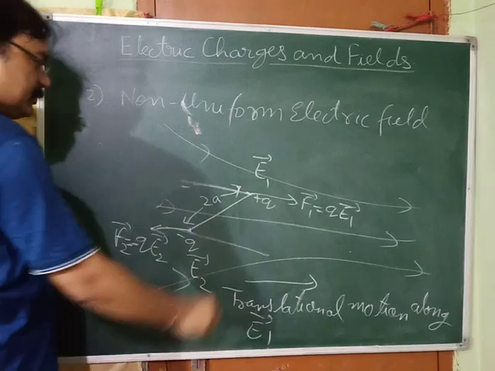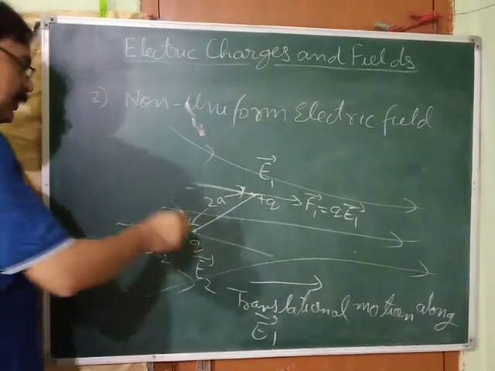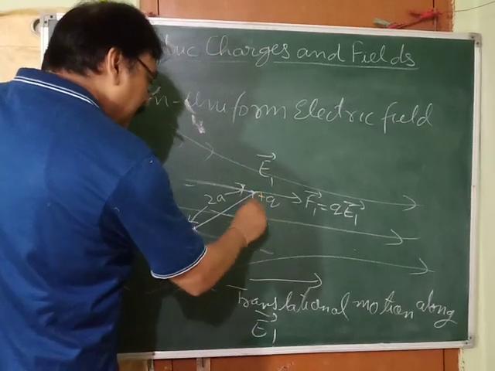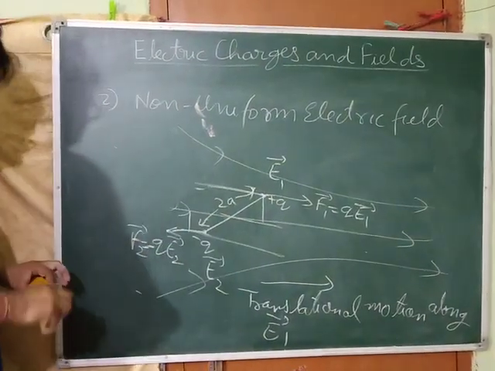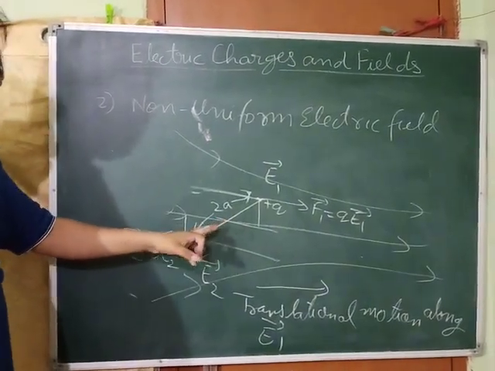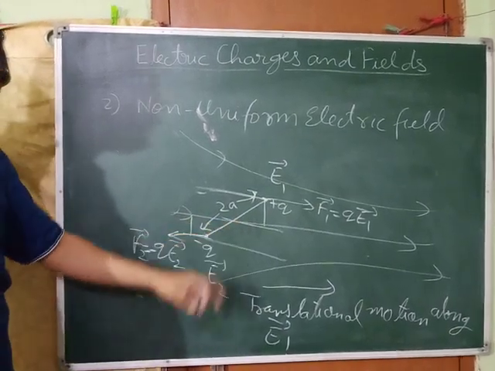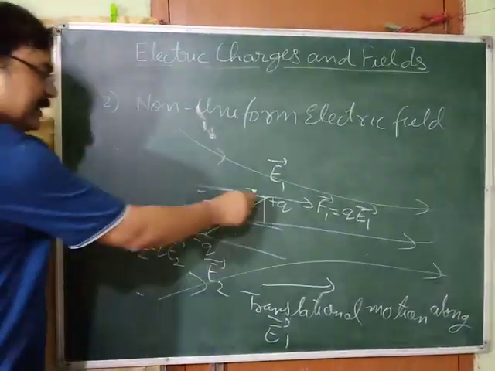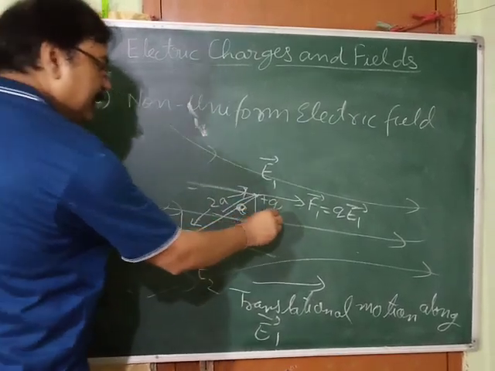Okay. See, you can do one thing. From the center you can draw a line, and you can take this distance, and you can take this distance. Okay. See, if this is the center of the dipole, then what will happen? These two distances will be equal, because these two angles are equal. So if this is suppose a, then this is how much? a sin theta.